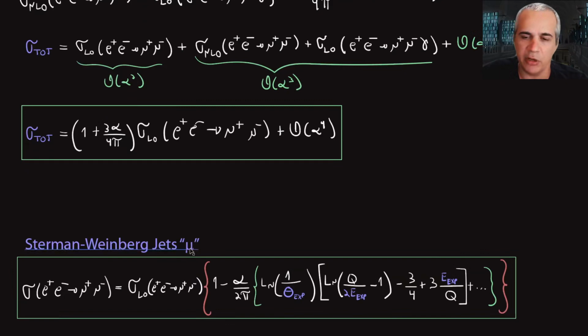Which is really not just a muon. It can be just a muon, but it can be a muon plus one photon going in the same direction with such small energy, either so close in angle, or even if it's far away in angle, with such small energy that I don't see that photon.